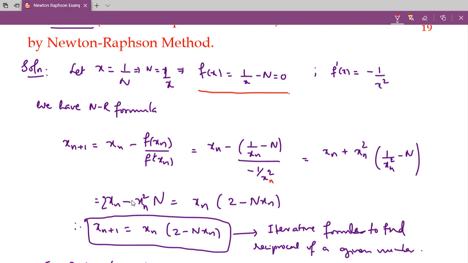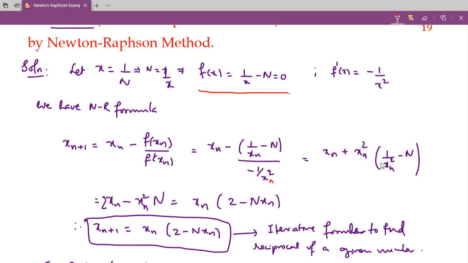When you simplify this, if you multiply this inside, then you are going to get the 2xn. So this is xn plus xn square into (1 by xn minus n). When you multiply this inside, this is minus n xn square.